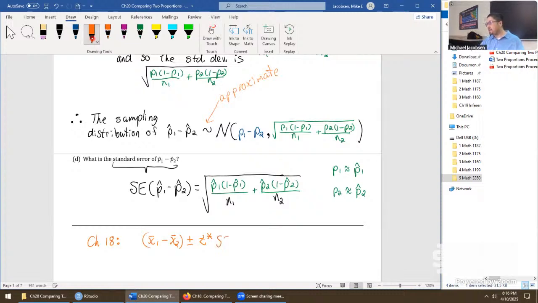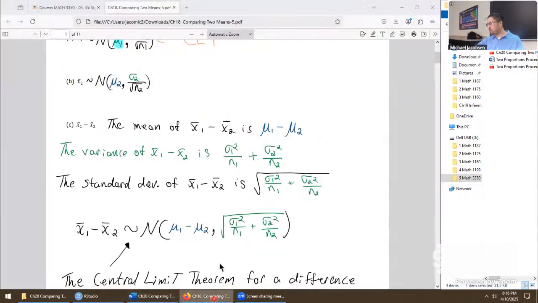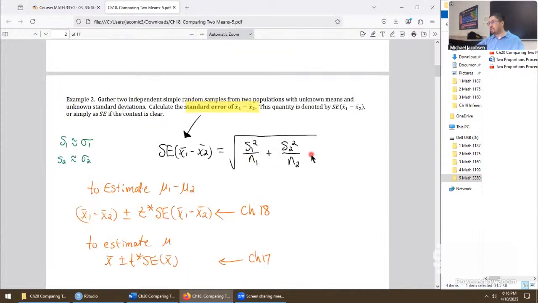And then we just multiplied by the standard error, x bar 1 minus x bar 2. Looking at this standard error, notice how similar the structure kind of is. Sigma 1 squared divided by n1, sigma 2 squared divided by n2, square rooted, gives you this as a standard error: s1 squared over n1, s2 squared over n2.